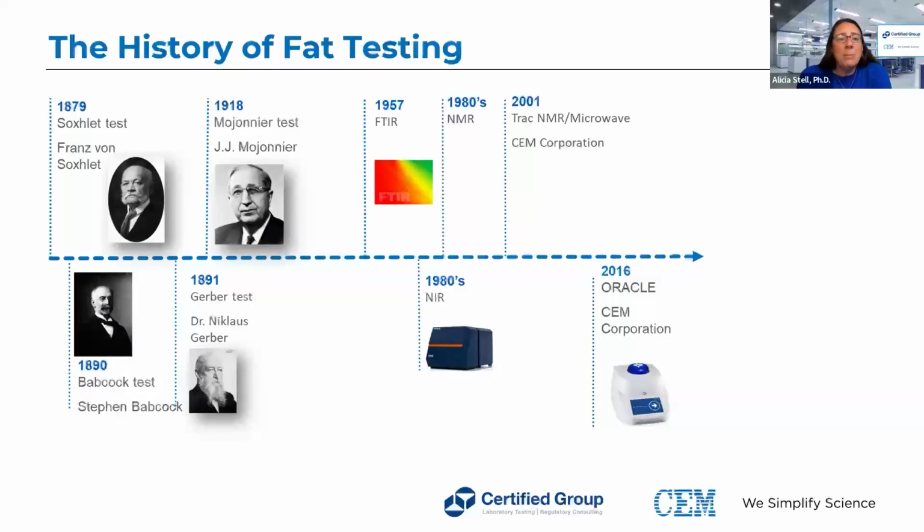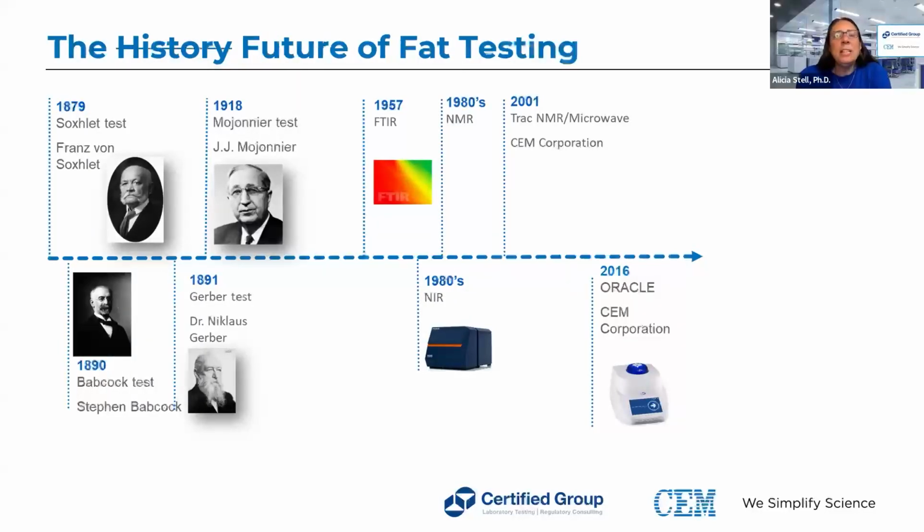And over time, we developed some other methods for fat testing: the Babcock test, the Gerber test, the Mojonnier test. And then, as normal with history, we started getting some more rapid methods. So you had an FTIR method, an NIR method, an NMR method. And I'm going to reference these a little bit in the next slide in more detail. But if we move over to the next slide, what I really want to talk about is the future of fat testing, right?